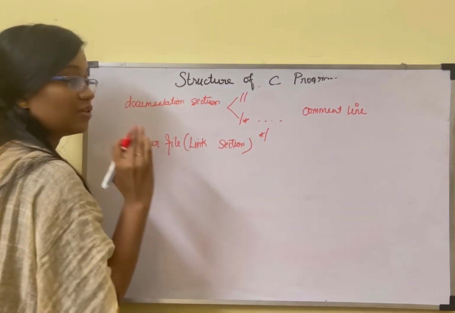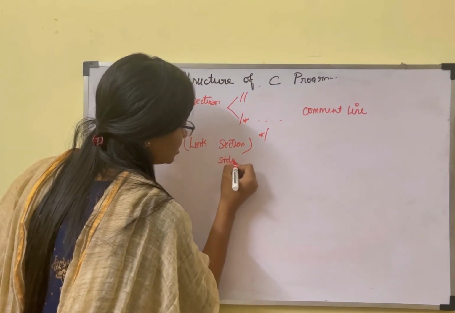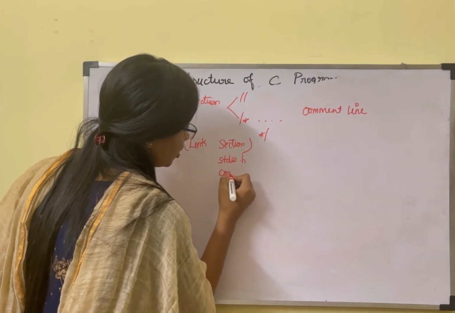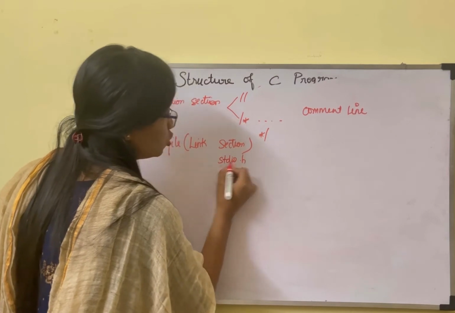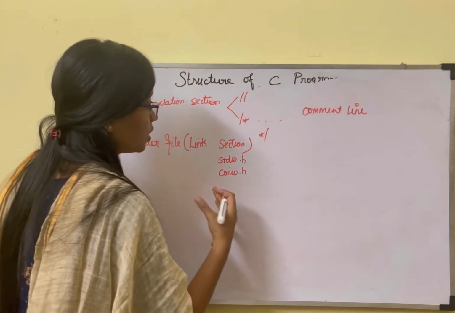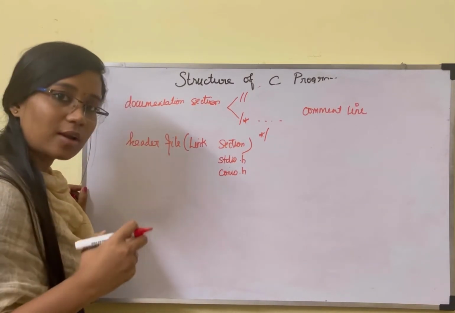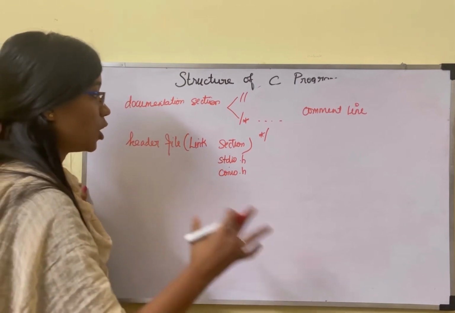So header file is a very mandatory part, in that which we saw stdio.h and conio.h. Stdio is for accepting the input and displaying the output. Normally a program is just meant to accept some input and give the appropriate output.